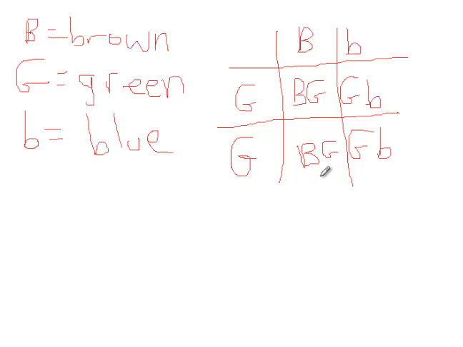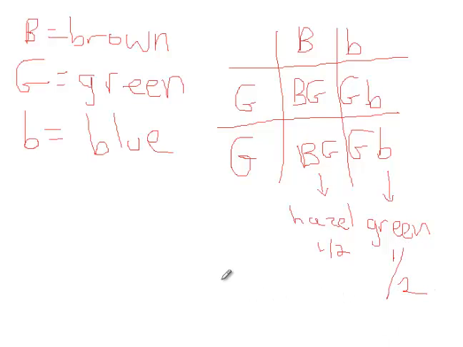So these two would both be brown and green, which are codominant, and you'd have hazel. That's 50%. Half of them are hazel. And this half would be green and blue, which turns out to be green. Also half of the children.